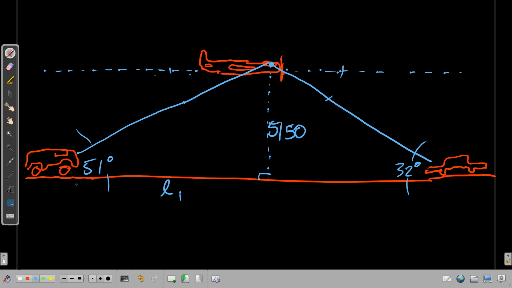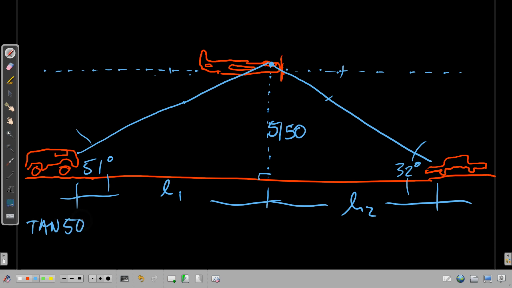Let's call this L1, and we'll call this L2. Then the tangent of 51 is 5150 over L1.